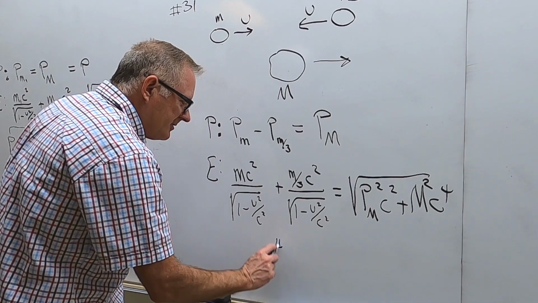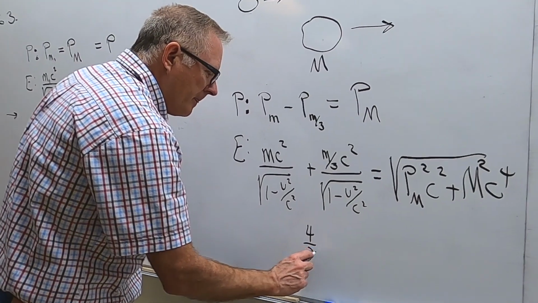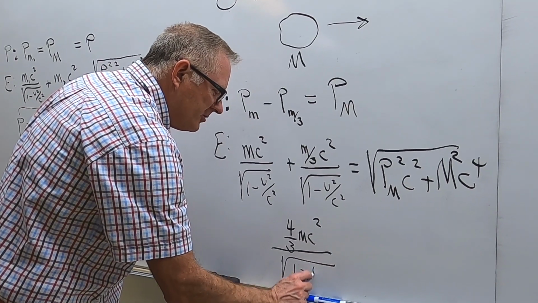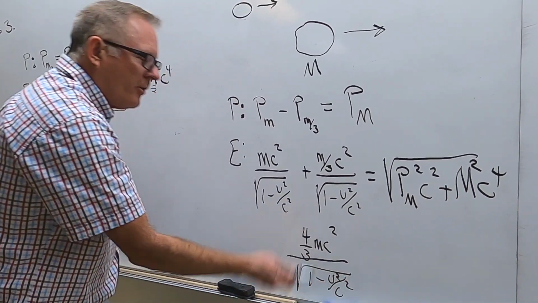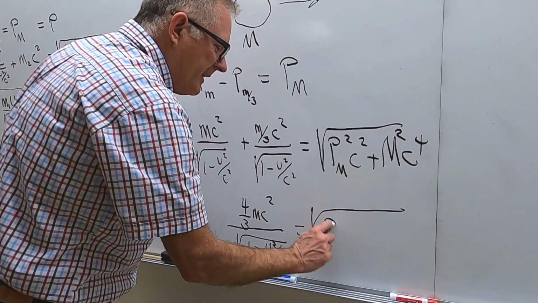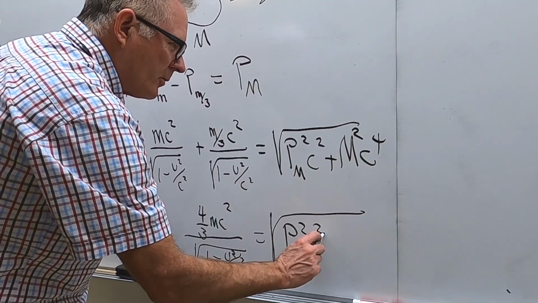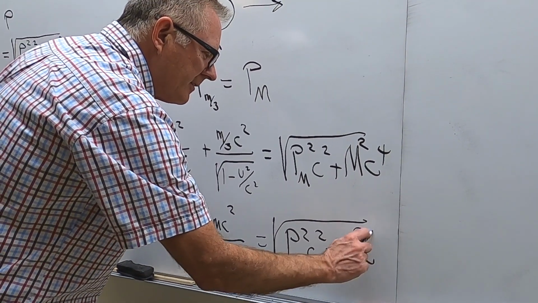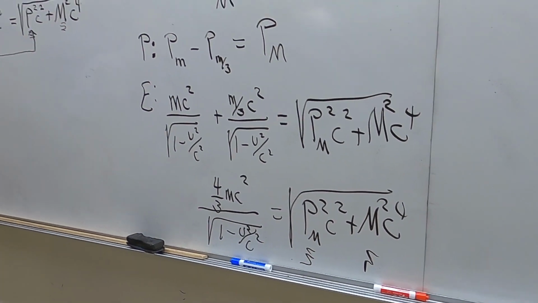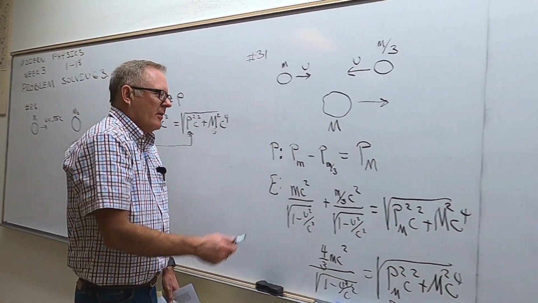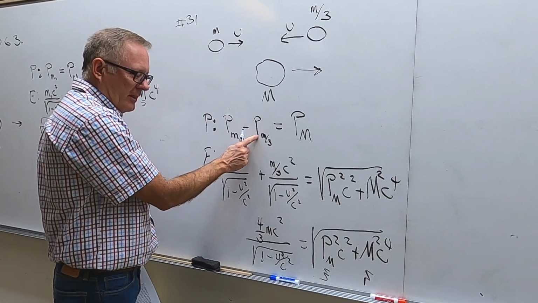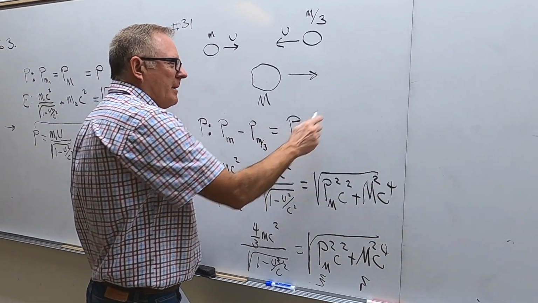So this left side is just 4/3 mc squared all over the square root of 1 minus u squared over c squared. I know everything there. And that equals the square root of p sub M squared c squared plus big M squared c to the 4th. Again, there's two unknowns. I don't know either one of those two. But I could probably get it from right here, because I do know this momentum and I know that momentum.